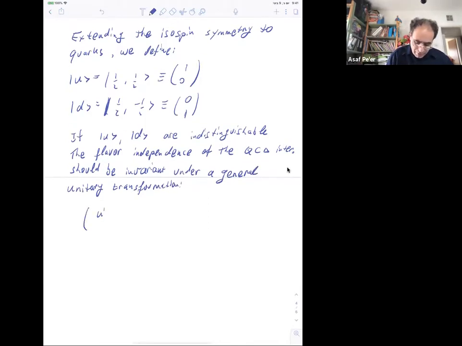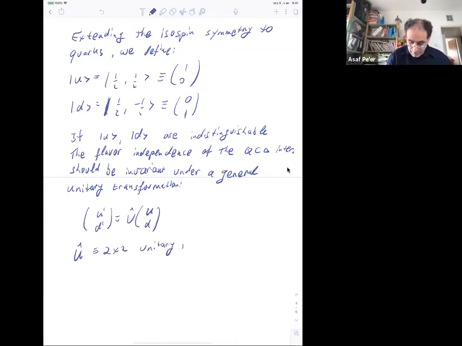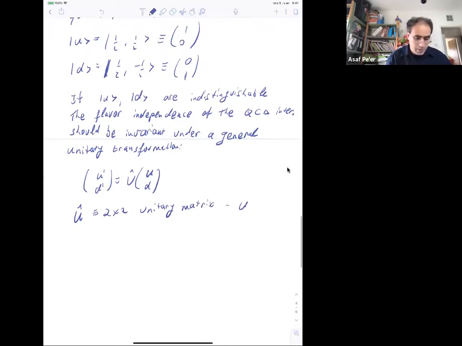So if I write down U prime, D prime is some unitary transformation of U and D, I get a state which is a combination of both up and down states, but I don't have a way to distinguish it because the up and down states are indistinguishable, right? U, it's a 2 by 2 unitary matrix, right? So U dagger U is I.